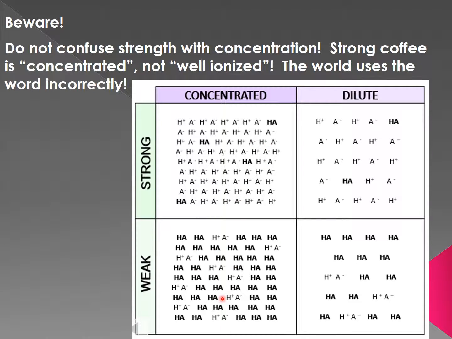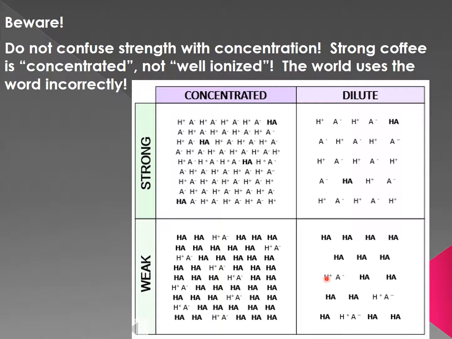But what makes the difference between strong and weak is that in the weak acids, most of the HA's are still together, and only a few of them have split into their separate H's and A's. The same is true with a dilute solution of a weak acid. There are quite a bit fewer HA's in the dilute solution, but most of them are still together, and only a few of them have split.